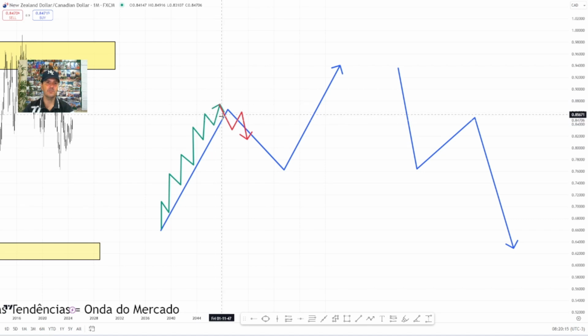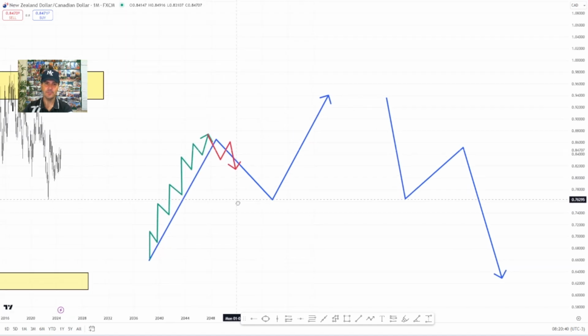This low must be lower than the previous low. If I don't see lower low, lower high, lower low, then I don't have a short-term downtrend. This is not a change in the short-term trend, therefore this is not a retracement. Make sense?